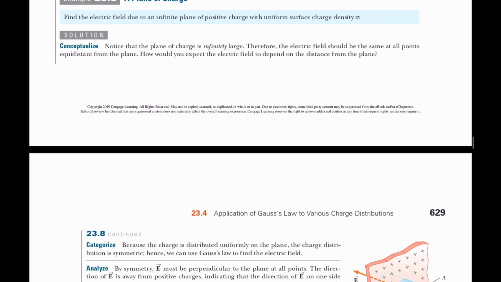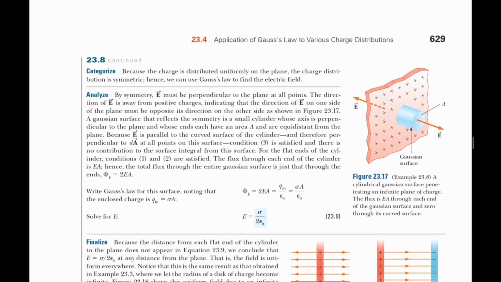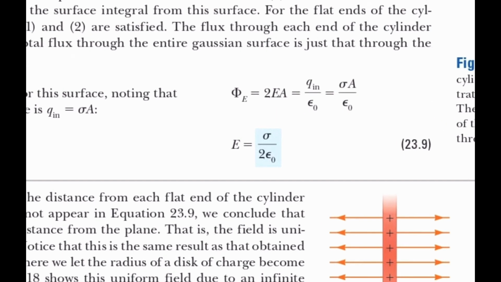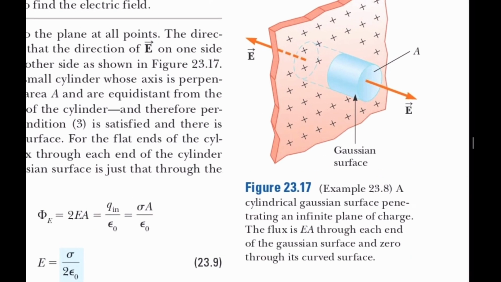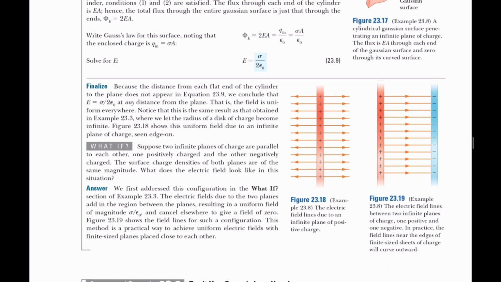Okay, here's the example. Example 23.8 in the textbook. Find the electric field due to an infinite plane of positive charge with a uniform surface charge density sigma. So you can take a look at how this problem is done, but basically at the end, they get that with Gauss's law, the electric field here is sigma, the surface charge density of the infinite sheet, divided by 2 epsilon naught.